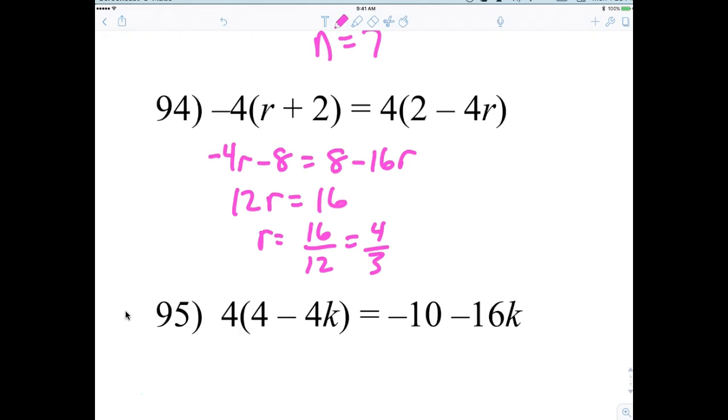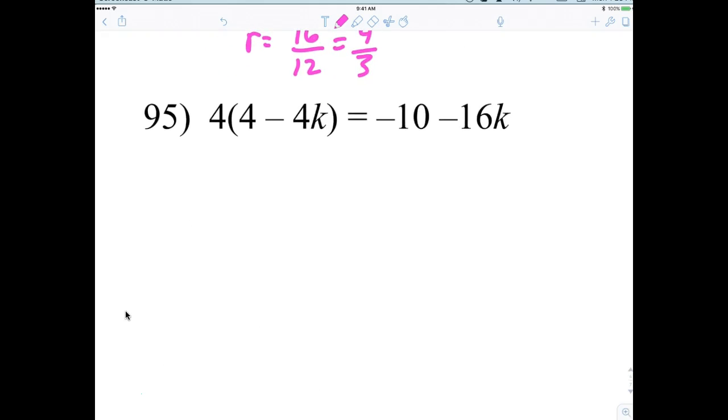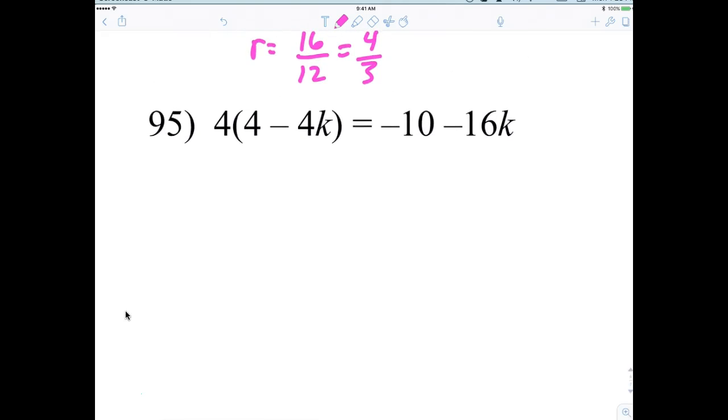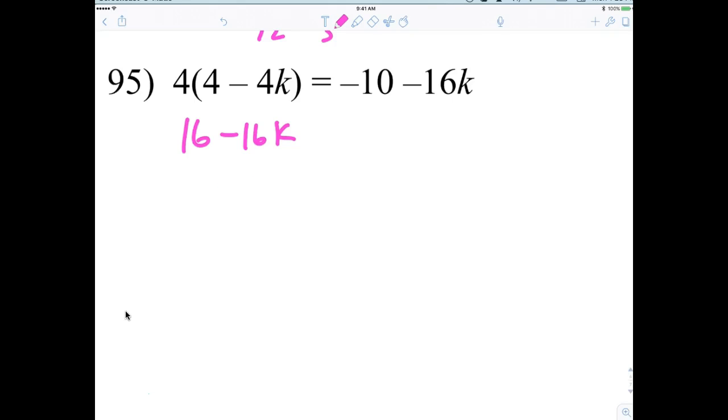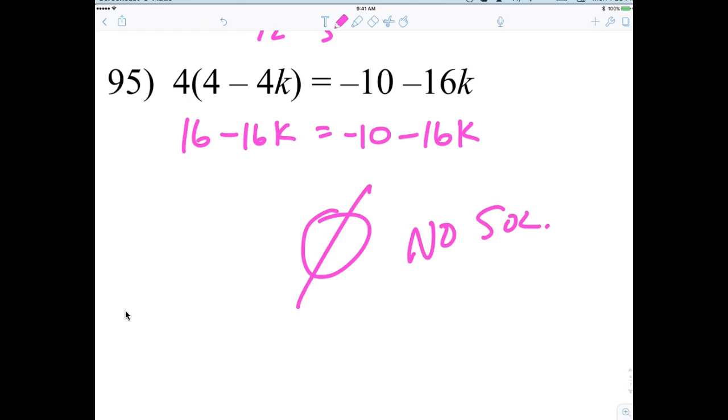Sure? All right. Brilliant. Next, distributing: 16 minus 16k equals negative 10 minus 16k. When is that true? No solution.